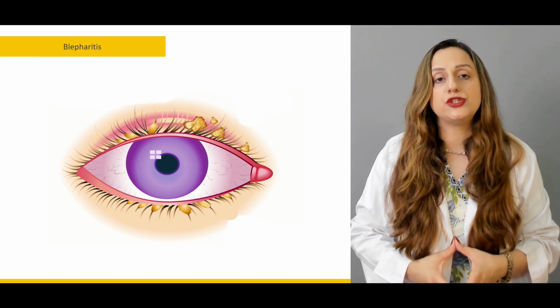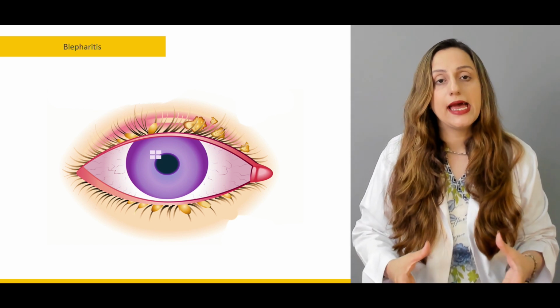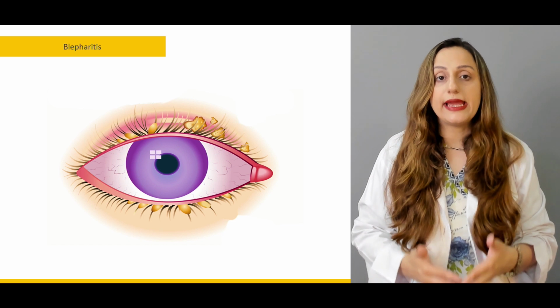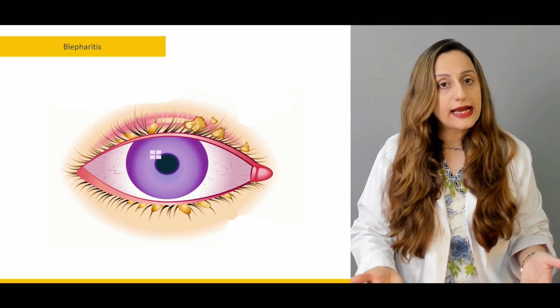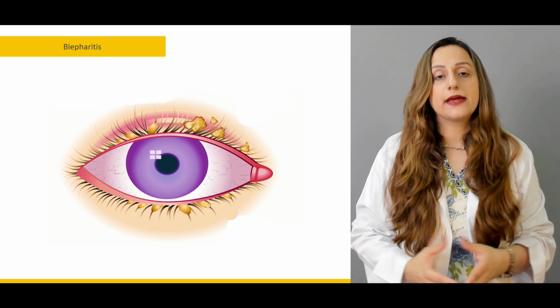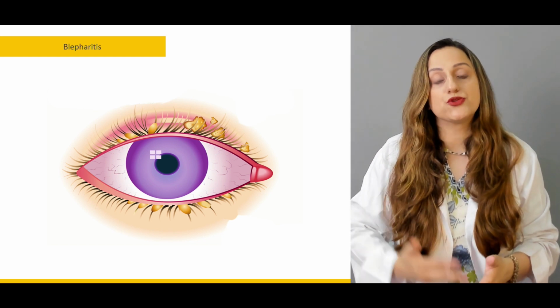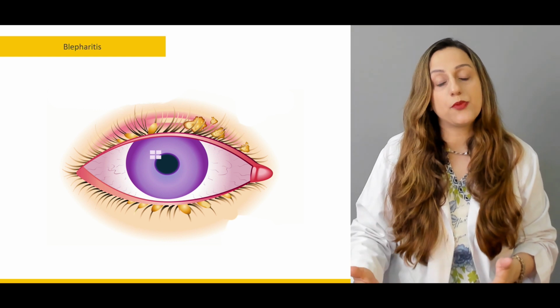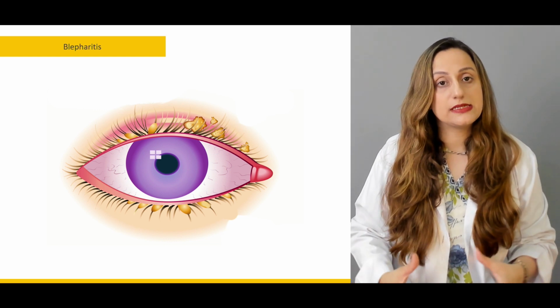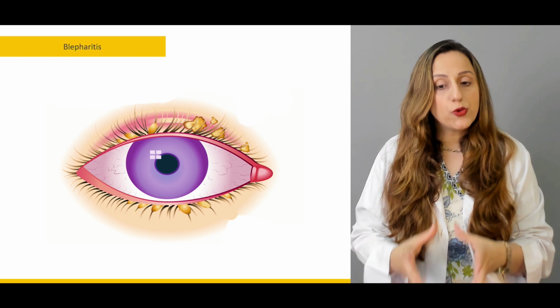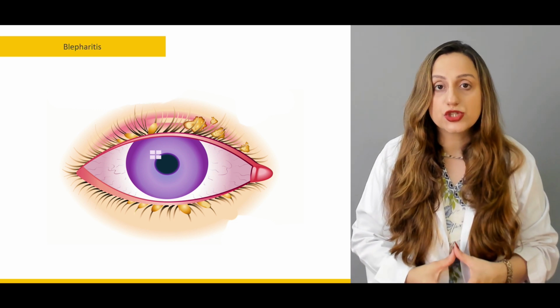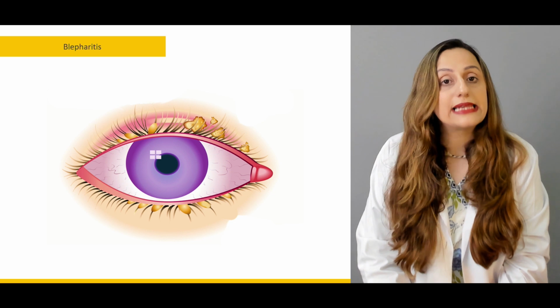Blepharitis is usually of bacterial origin, and the treatment relates to topical antibiotics. Topical antibiotic ointments as well as drops can be advised, coupled with the ointment therapy. Diagnosis is usually done upon slit lamp examination.